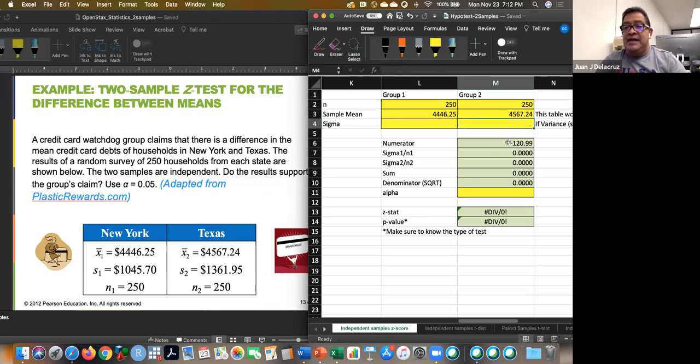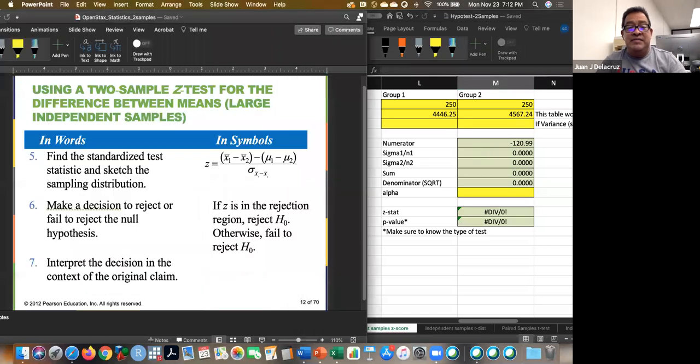As you can see, I'm finding the difference between the two groups. That's how this formula is designed. These are the steps in the formula. The formula accounts for the difference in the sample means divided by the standard error. These steps are meant to compute the standard errors, okay?